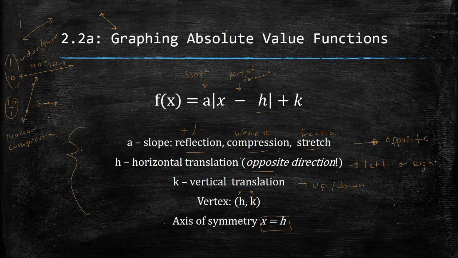In both of these instances, your h is opposite of whatever is in the function. So if you have a negative 2 here for h, this is going to be positive 2, and your axis of symmetry is going to be the line x equals positive 2.